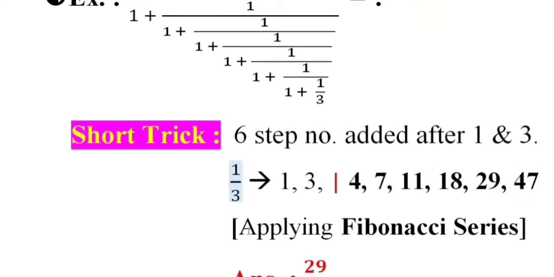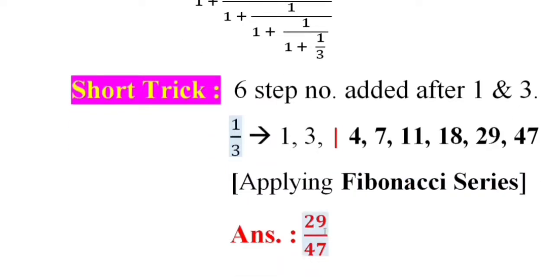Applying the Fibonacci series, the answer is 29 by 47.